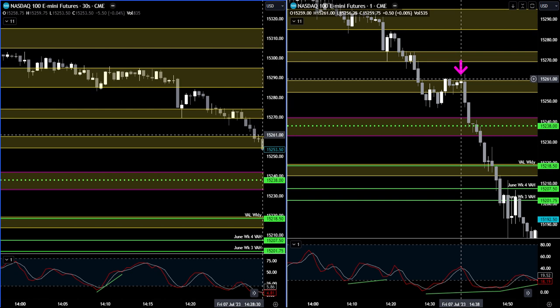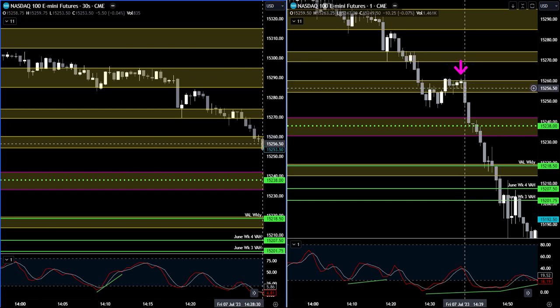I'm not fast enough to get the very top, but I got in at 15258.75. What I should have waited for was to see if there was any one last push to get up there, because this candle here got up to 263.25. So yeah, I went red on this trade.